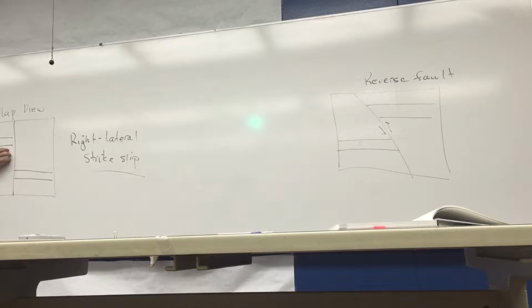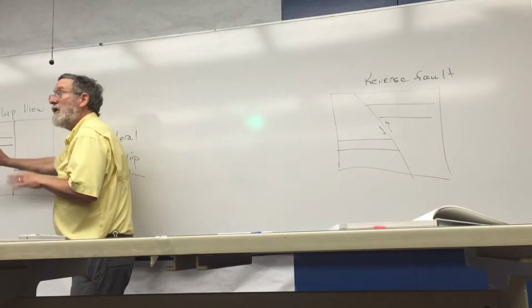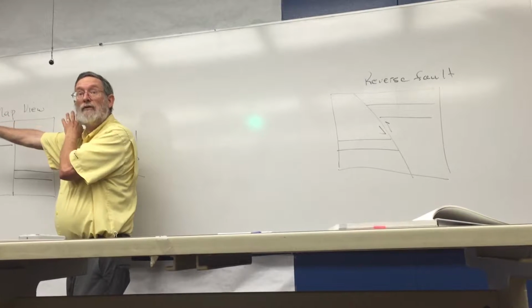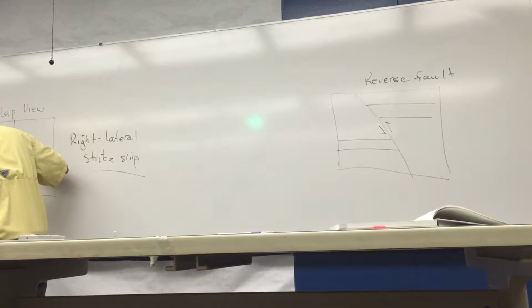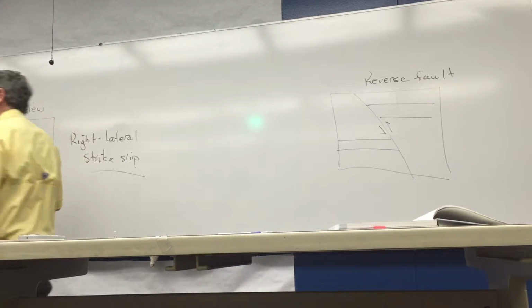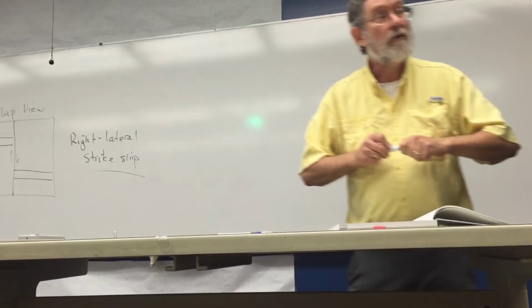So we're going to stand on this block and look across. This side appears to have moved to the right relative to our position. If we step across the fault and look, that block appears to have moved to the right. So the displacement here is like so, a right lateral strike slip fault.